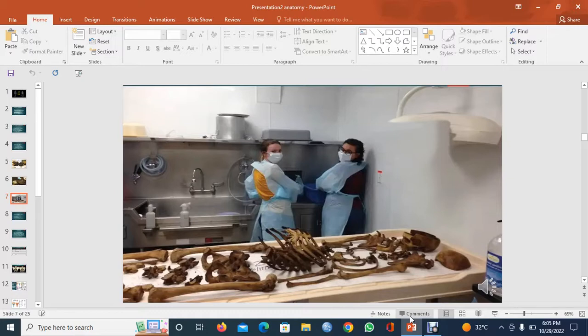As medical students and medical professionals of the future, knowledge of the differentiating features of male and female human bone is very important in diagnosis, management, treatment, examinations, and clinical practice.